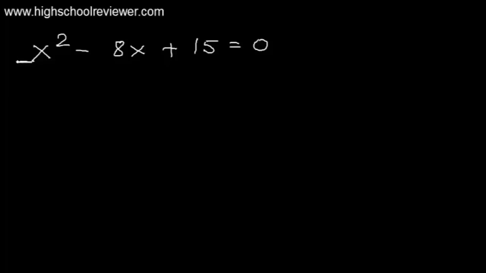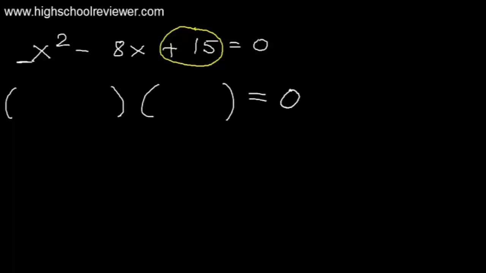There is no number here before our x squared. Since there is no number, we will start basing our factoring on the last term. Our last term is positive 15. Okay, so we will have two sets here, and then equate this to 0.